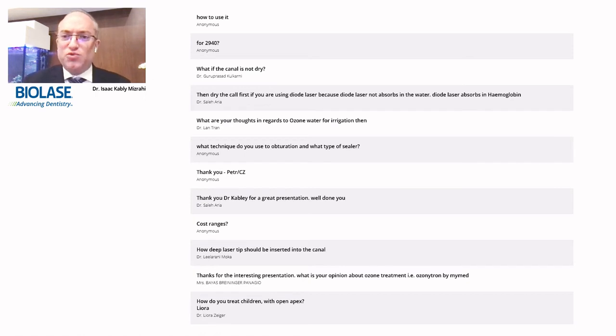How deep should the laser tip be inserted into the root canal? If we're speaking about the radial firing tips, I strongly recommend using it at working length and then spending at least 4 or 5 seconds turning it around at the last millimeter of your working length, and then start with a technique that will leave you touching all the canal walls all around.